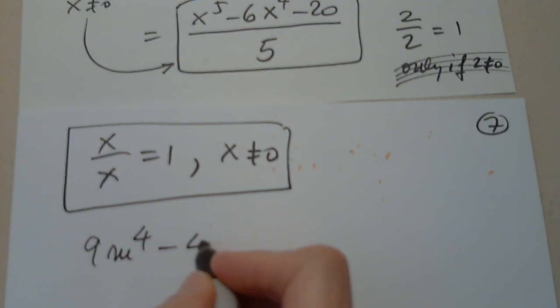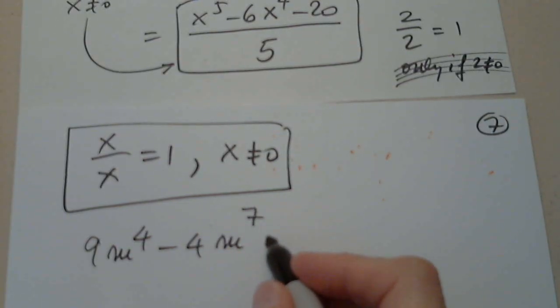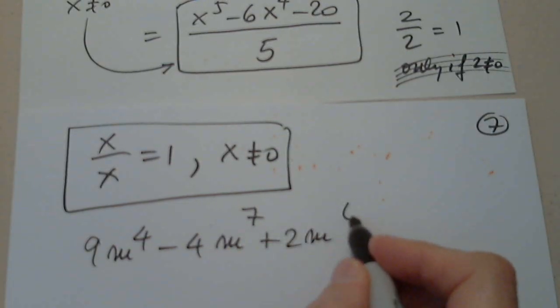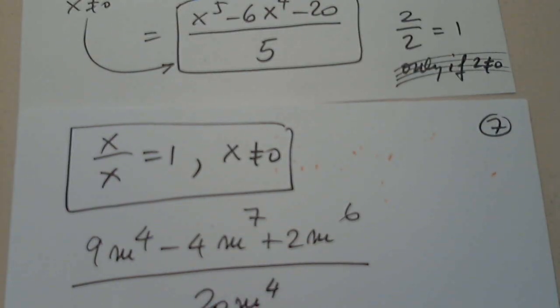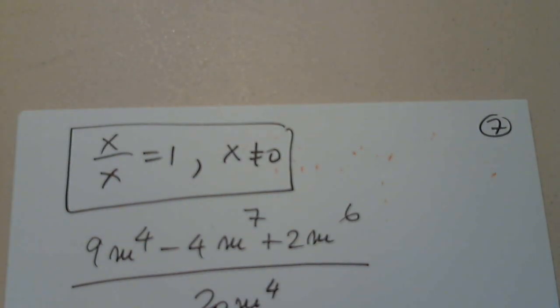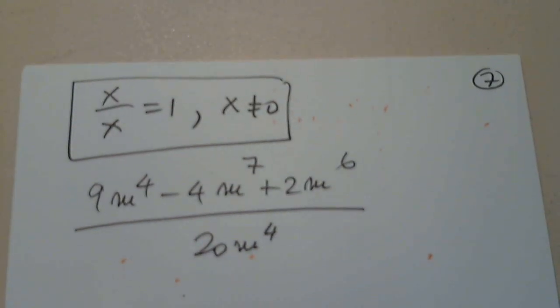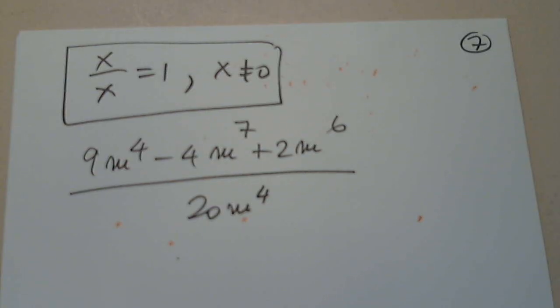9m to the 4th minus 4m to the 7th plus 2m to the 6th over 20m to the 4th. Notice that you cannot do anything at the top. This is it. The numerator cannot be touched. Now we have option 1 and we have option 2.